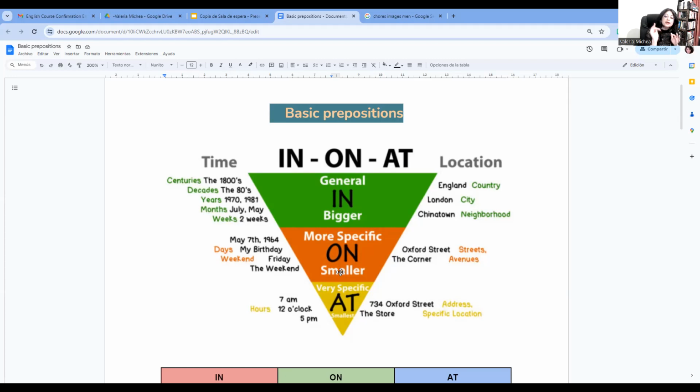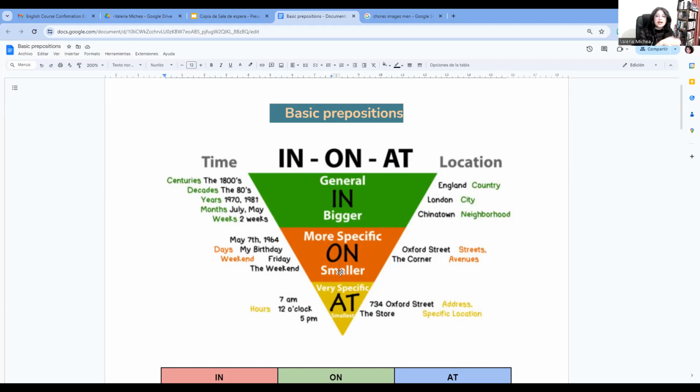That's it. Finally, we have at, which is useful when you want to talk about the time. For example, when you want to mention a specific time, at 7, at 9, a quarter to 9, etc. And regarding location, at is only useful when you want to talk about addresses, when you want to give the exact address.